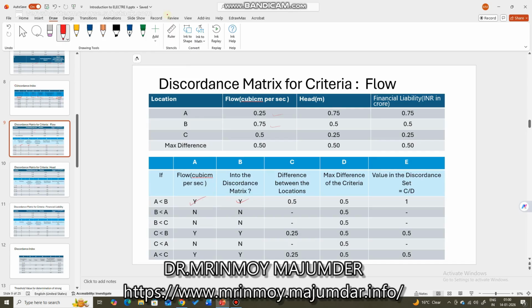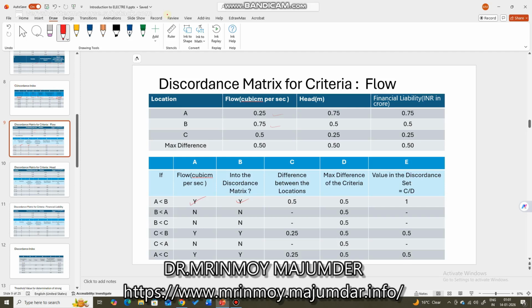So here it is mentioned, the result is included in the difference between the locations column. So it is 0.5, A less than B. You see, A is 0.25, B is 0.75. So it is clear-cut, the difference is there.